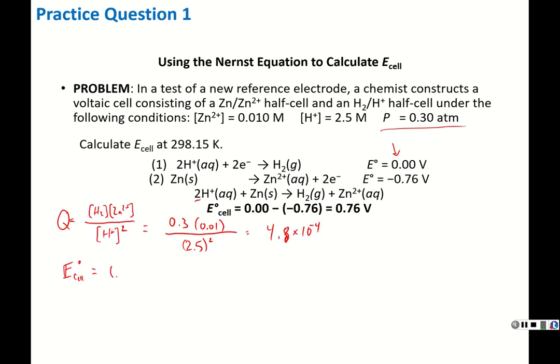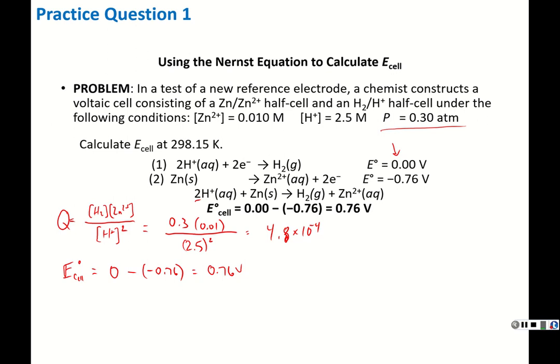So that's just going to be our cathode minus our anode. So plus 0.76 volts, right?